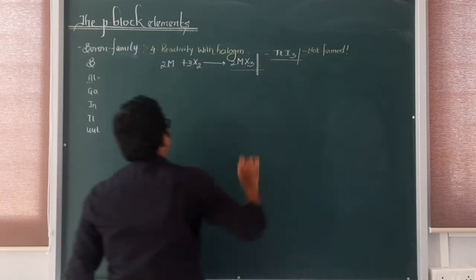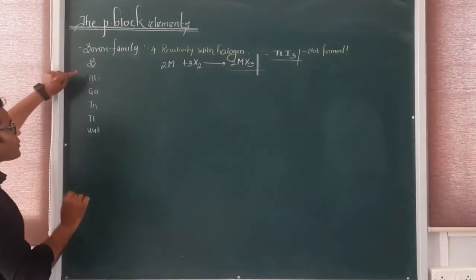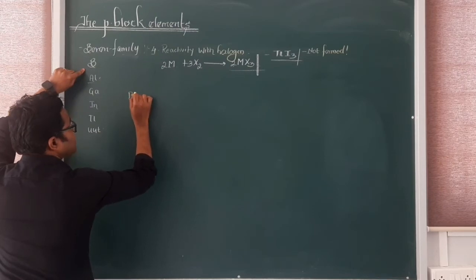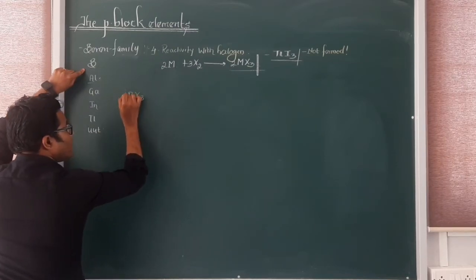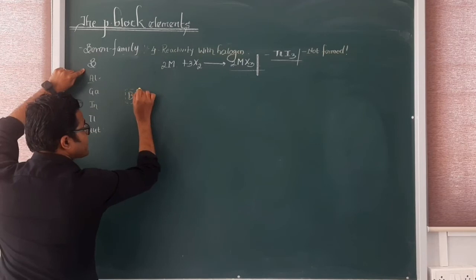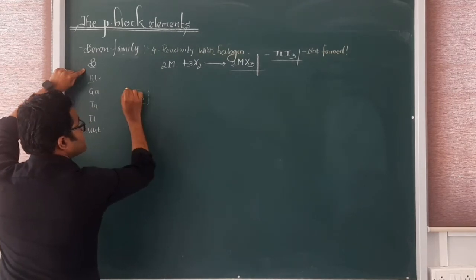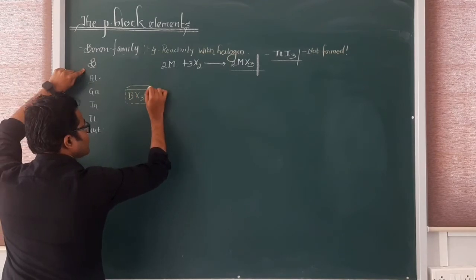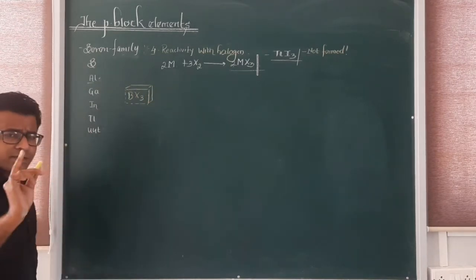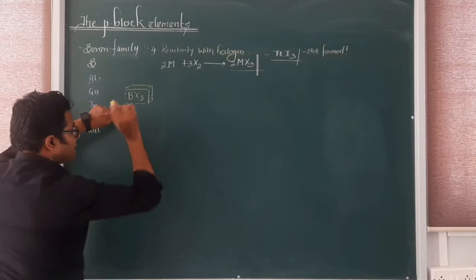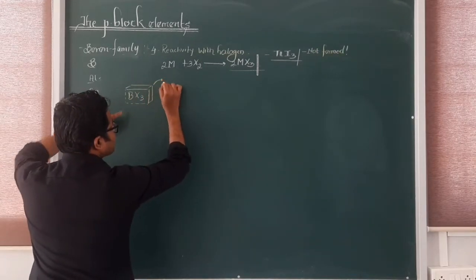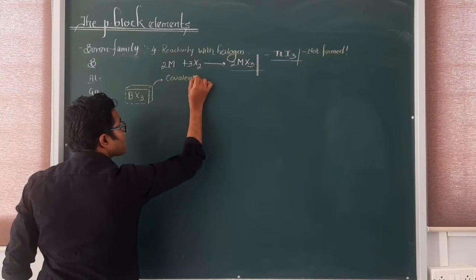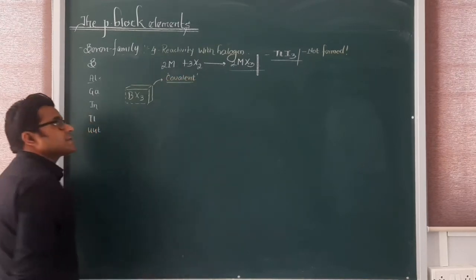Now, when we observe boron halides, BX3, what are the important features one would expect? The first important thing we notice is that these compounds are covalent in character.